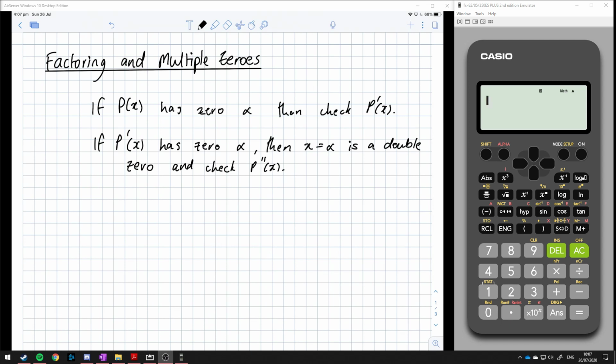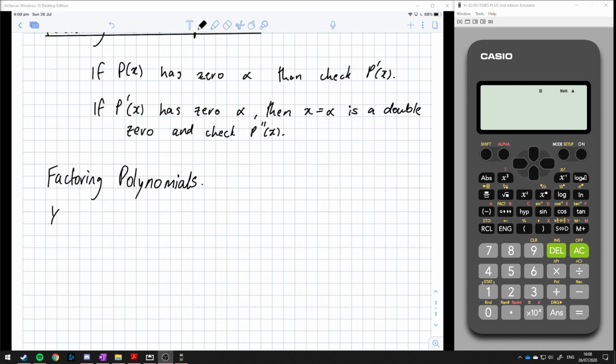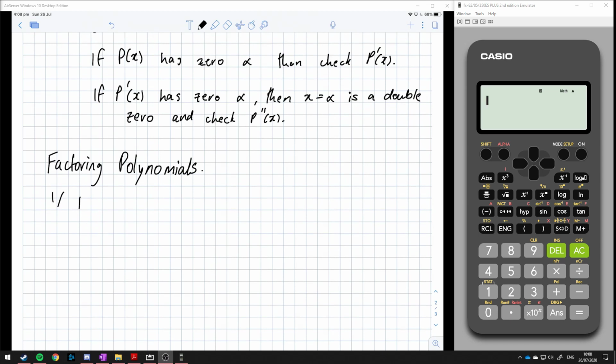So factoring again. Back to our list, factoring polynomials. You remember our list started with number 1, which was test low positives and whole numbers that are 0. So test your whole numbers.